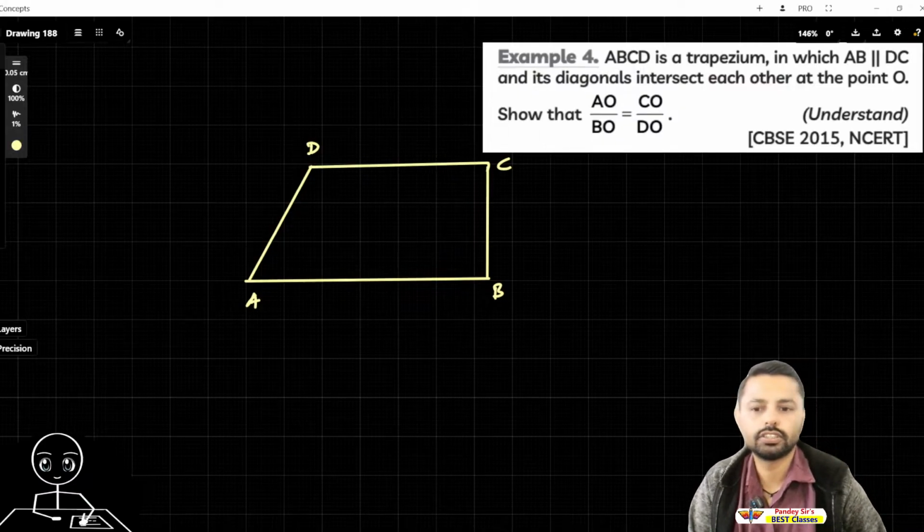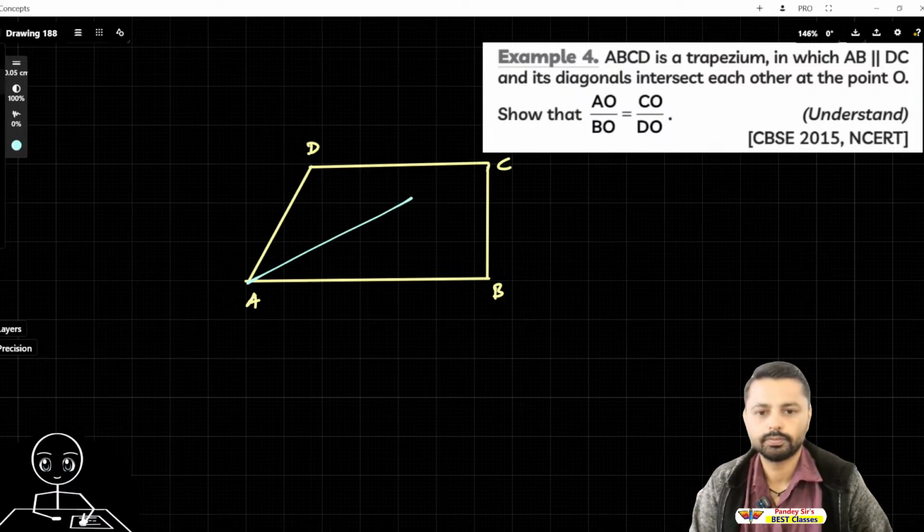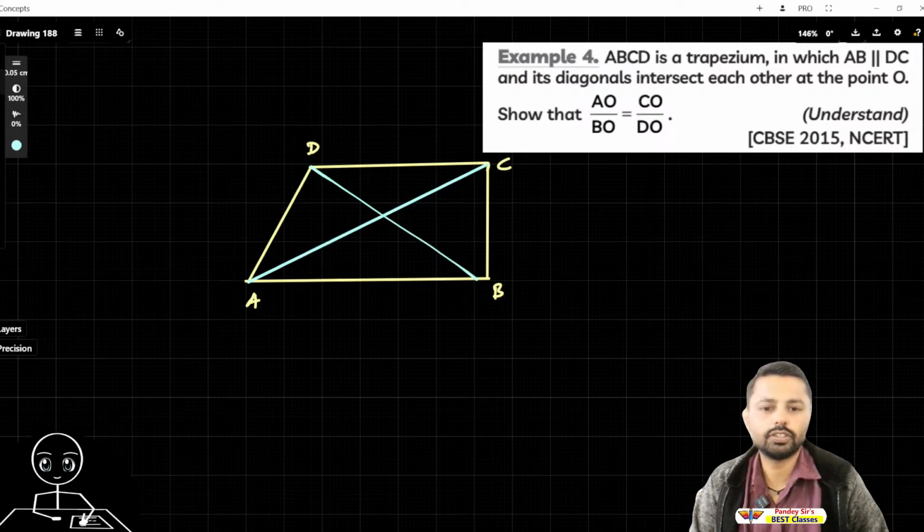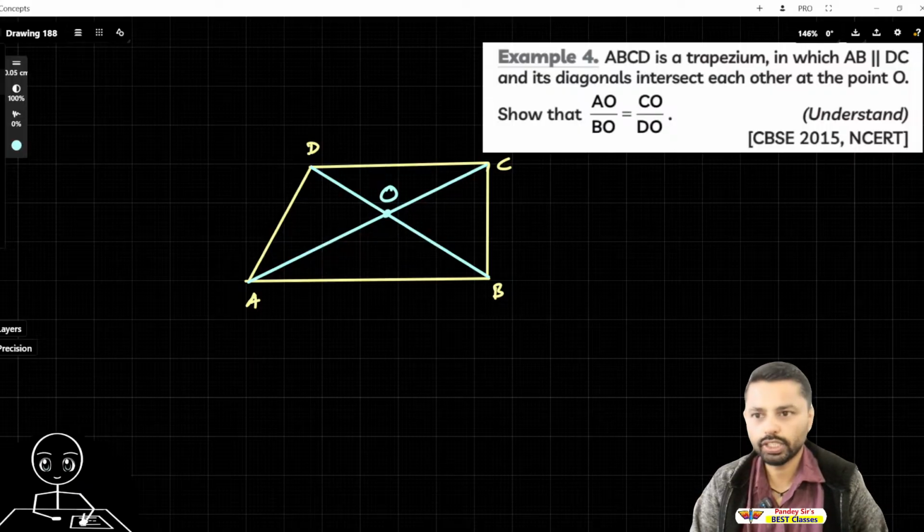So let's have the diagonals, and let's have the other diagonal intersect at point O. So let's call it point O. Okay. We have to show that AO by BO equal to CO by DO.